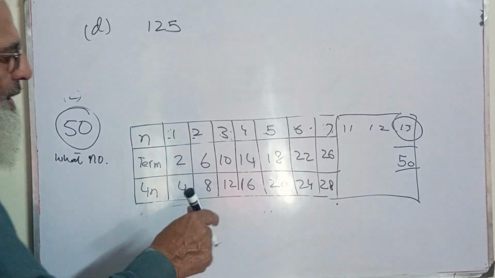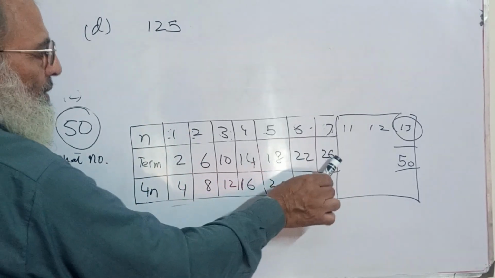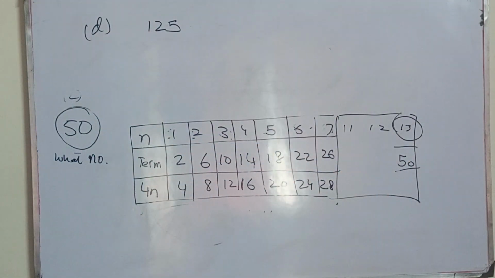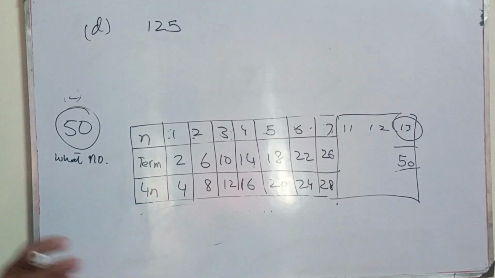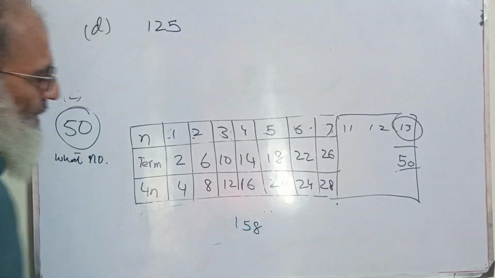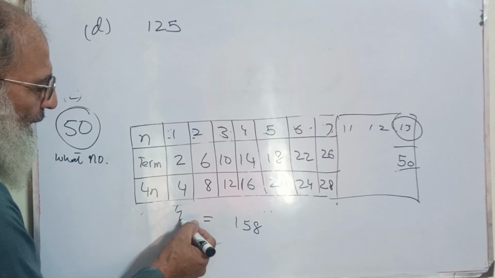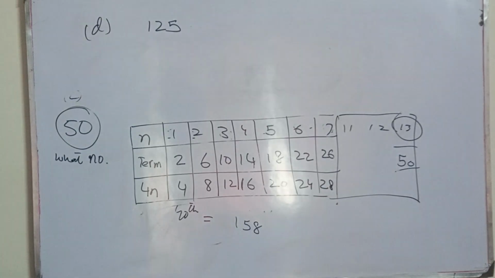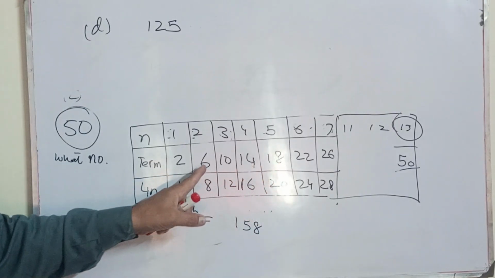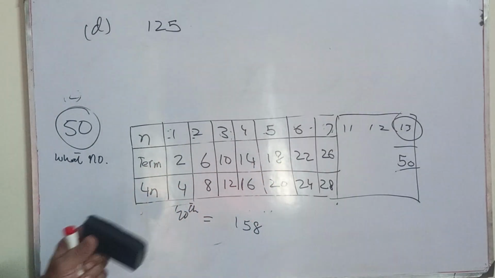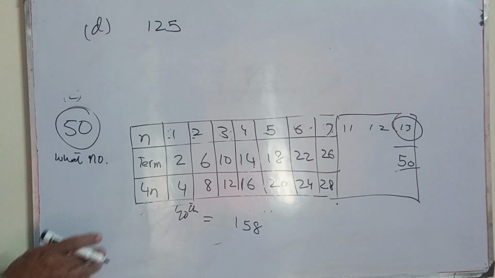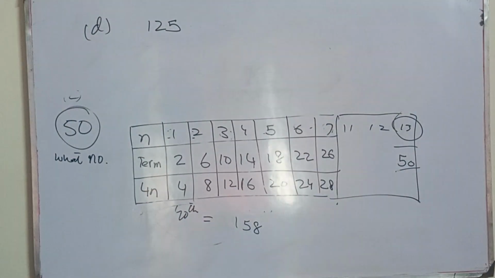Number one, you see that the numbers at the 13th position, and we also found the 40th position, which was 158, are all even. At the 7th place, 3rd place, second place, first place, all are even. Not a single number is odd.